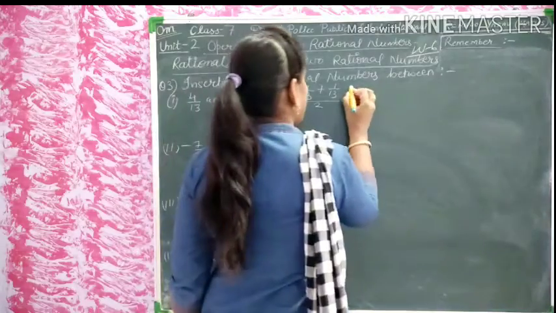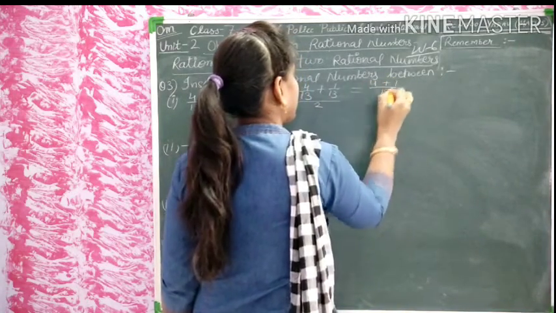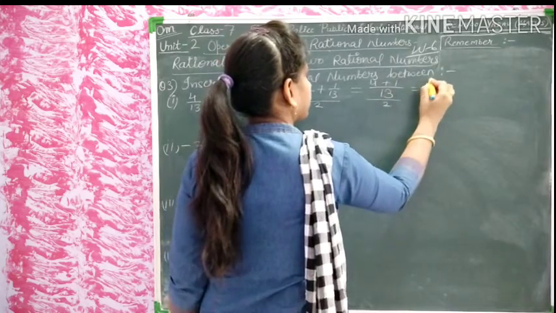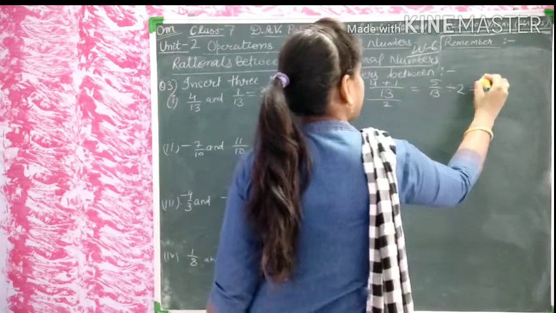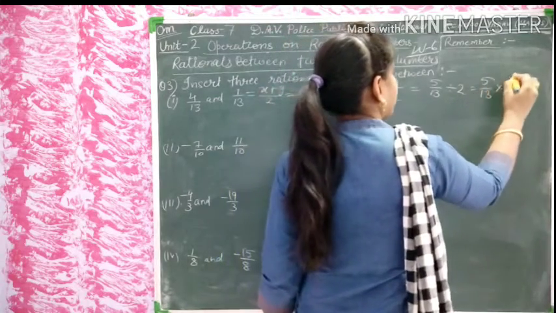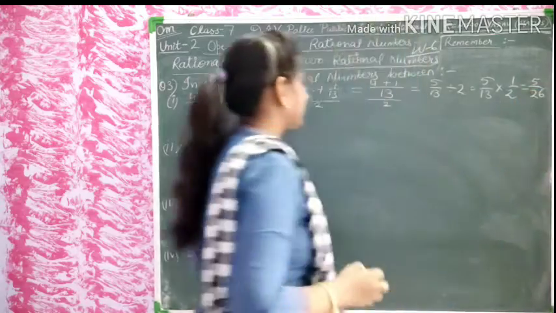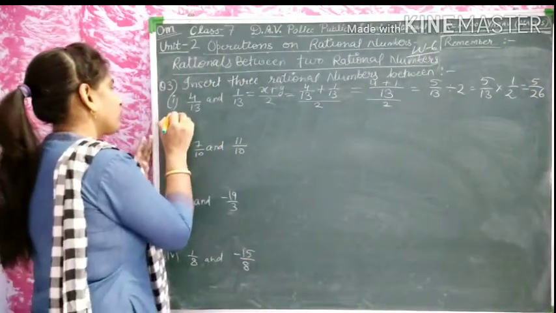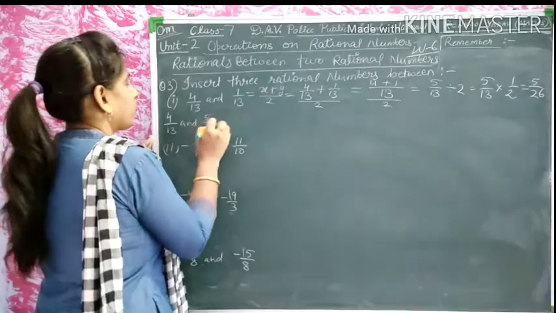Let's see here. The LCM is 13, so 4 plus 1, divided by 2. It equals 5 by 13 divided by 2, that is, 5 by 13 into 1 by 2, and we get 5 by 26. Between these two numbers, 4 by 13 and 5 by 26, we will find one number.